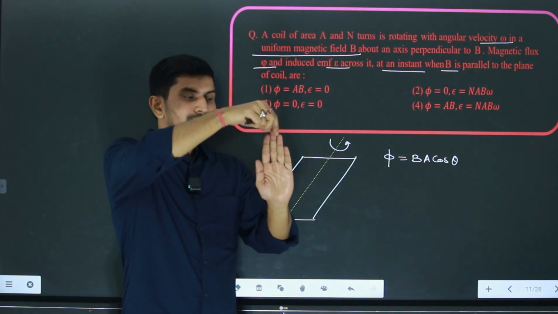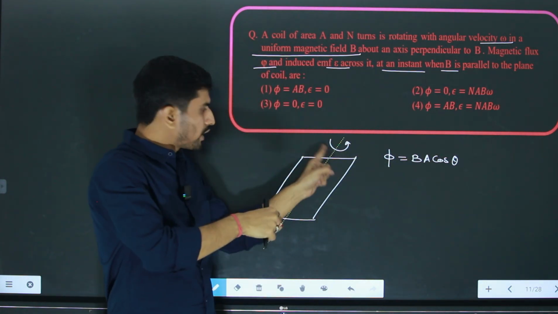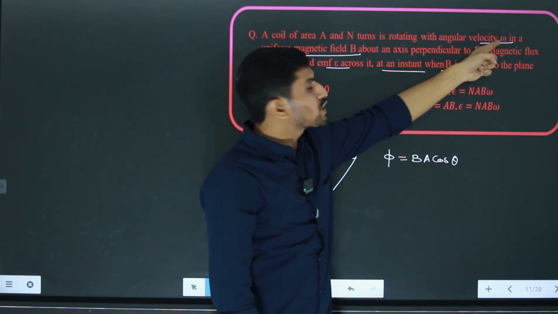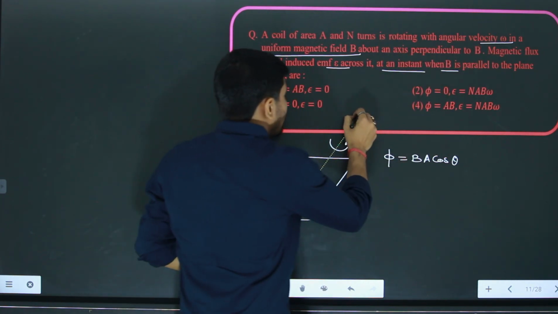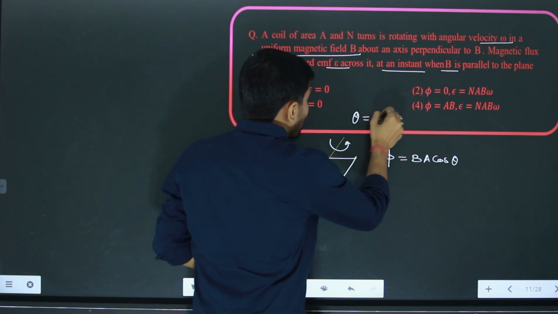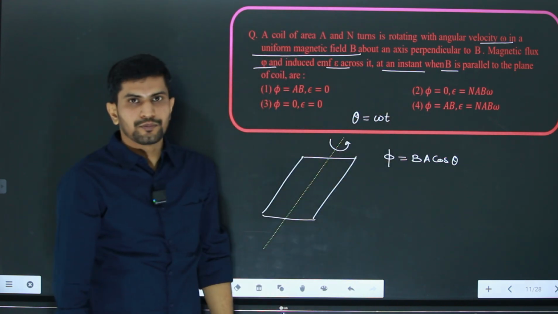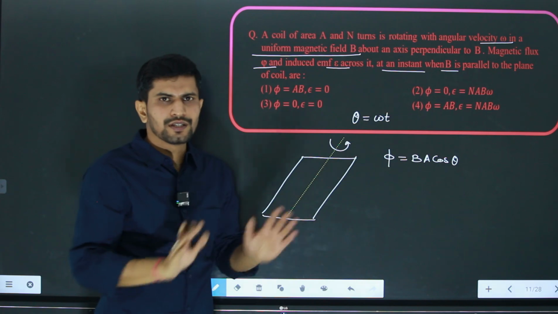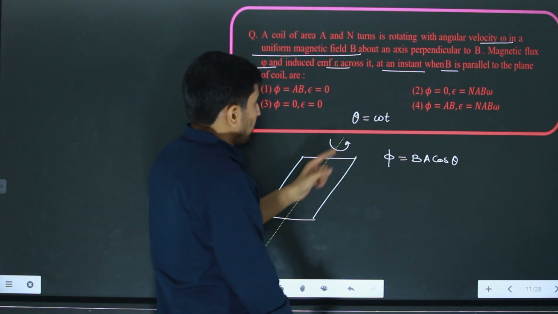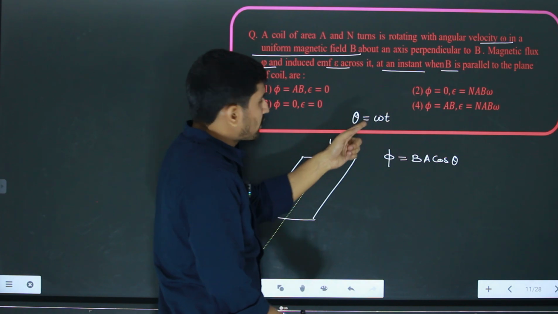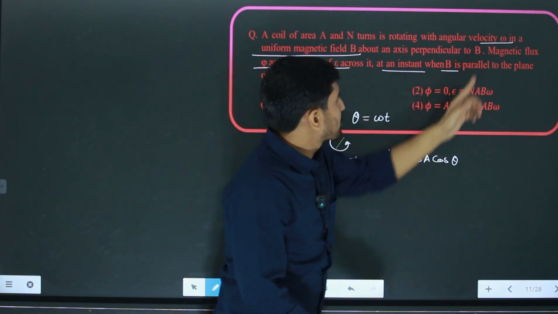Now as the coil is rotating with constant angular speed, we can write that this theta depends on time; sometime it will be 90, sometime it will be 0 degree. And what will be the value of theta when B is parallel to the plane?